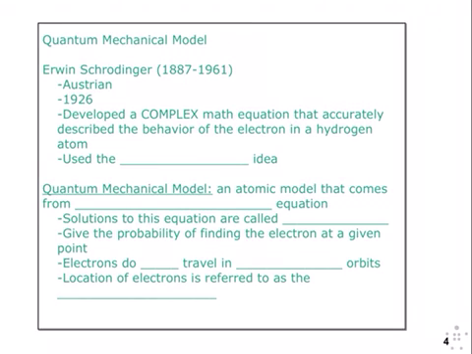There's only one electron, so it's simple. He used the idea that these electrons behave with the wave-particle duality. The quantum mechanic model is then an atomic model that comes from Schrödinger.